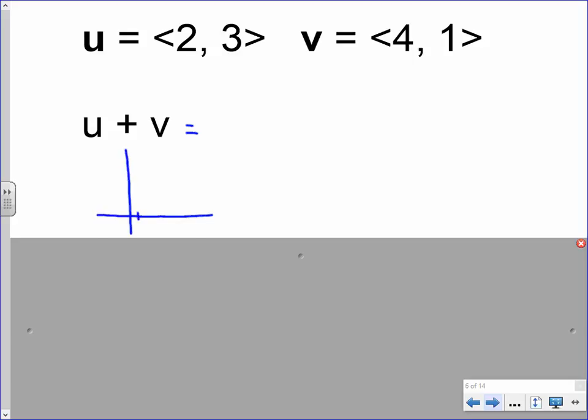So we have the vector 2, 3. And then we're going to add the vector 4, 1. So our resultant is the vector 6, 4.